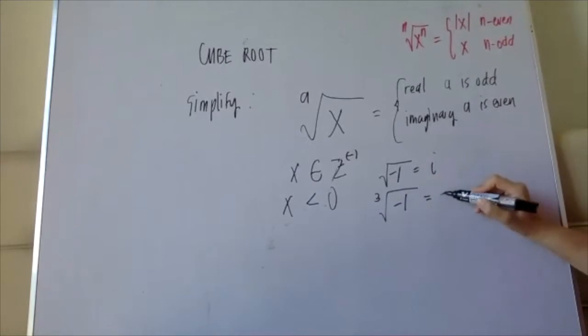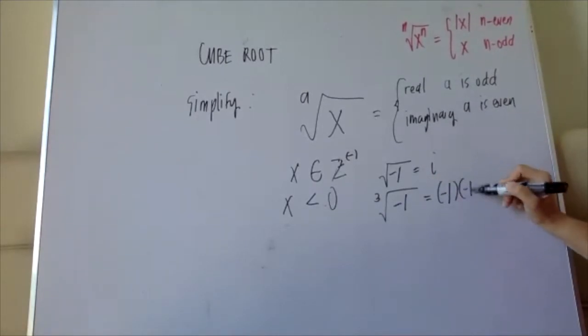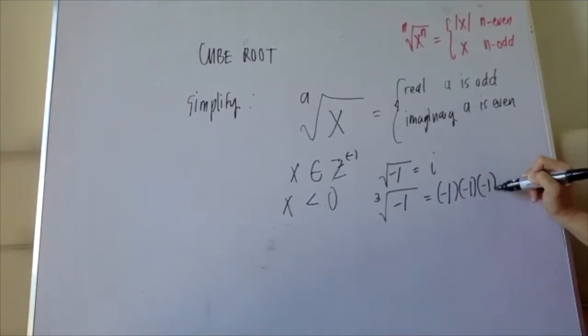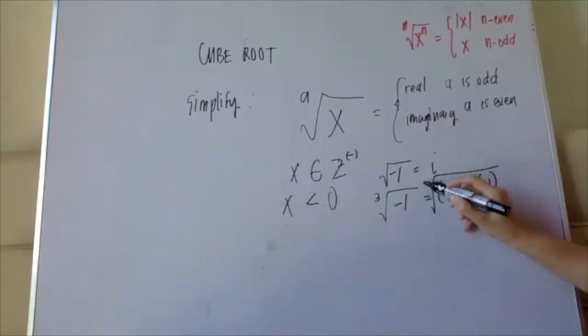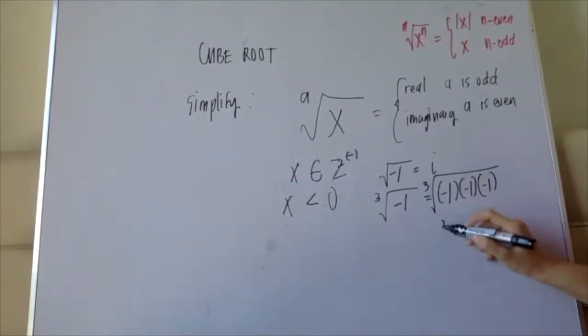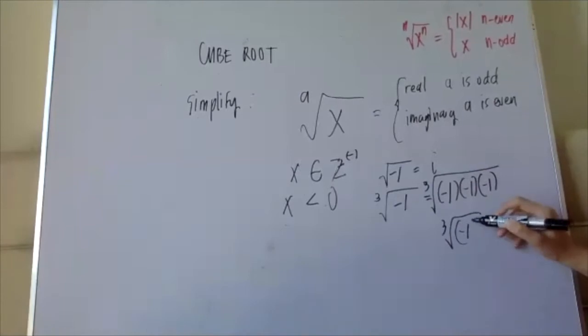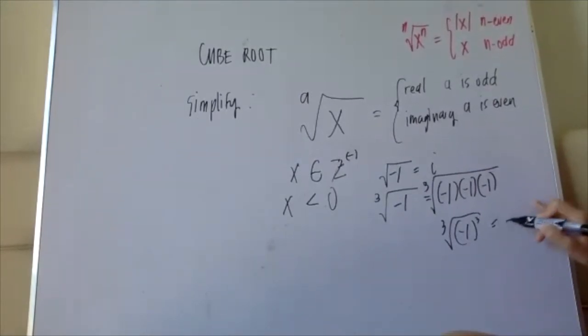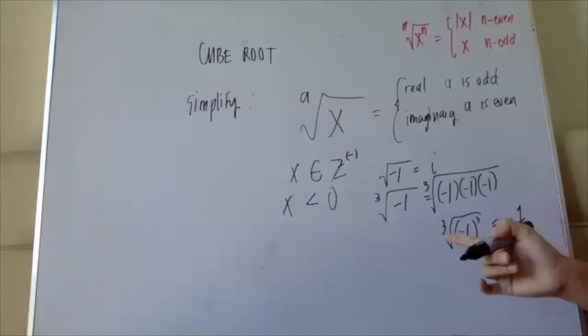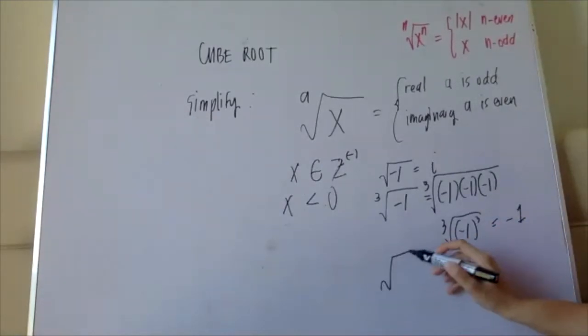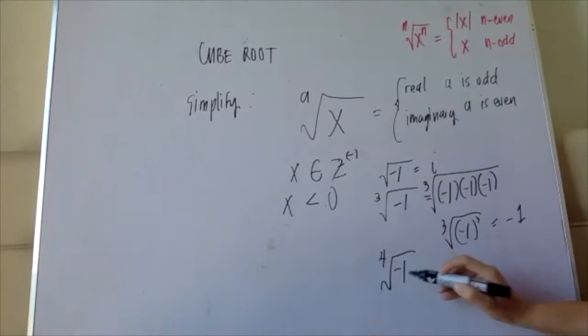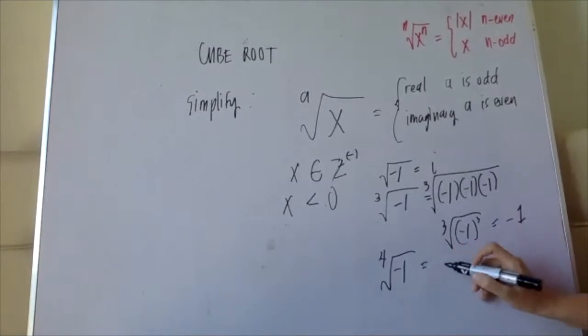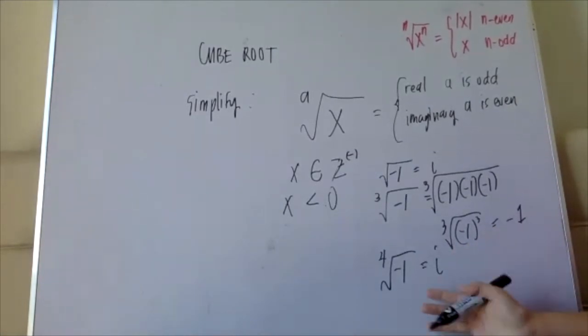That's equal to negative 1 times negative 1 times negative 1, right? Or negative 1 cubed. So, ito, equal siya sa negative 1. Real number siya. Okay? So, kapag fourth root of negative 1, equal lang to sa i ulit. Nakuha nyo ba?